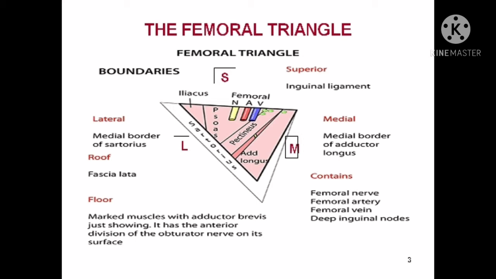Then the pectineus, psoas and iliacus all form the floor of the femoral triangle. The contents you can see: the yellow is the nerve, the red is the artery, the blue is the vein, and the grape-like green structures are the inguinal lymph nodes.